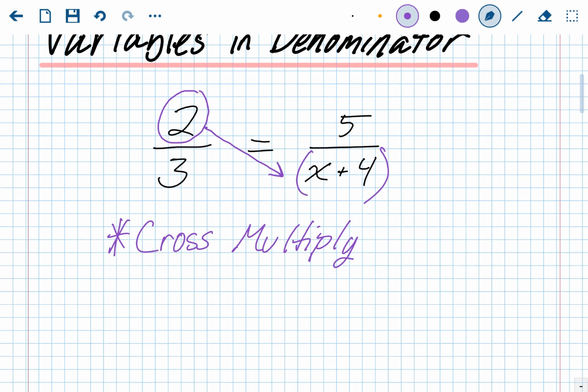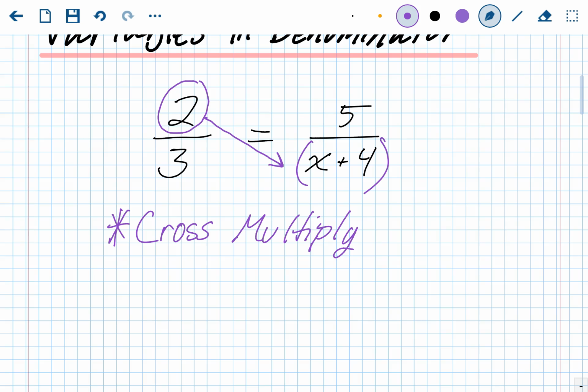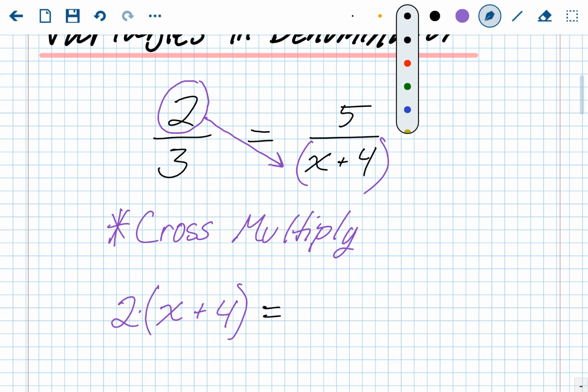So on this one, we're going to take 2 and multiply it by x plus 4, grouped together because it's a grouping symbol. So we're going to do 2 times the quantity x plus 4. And that's going to be set equal to the last cross multiplication, the bottom of the first times the top of the second, which is 3 times 5.